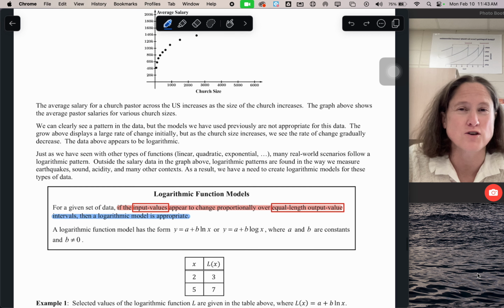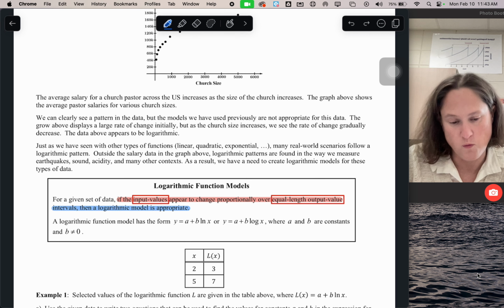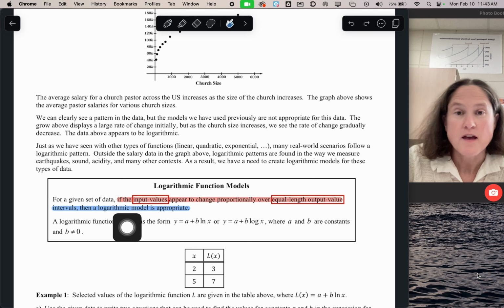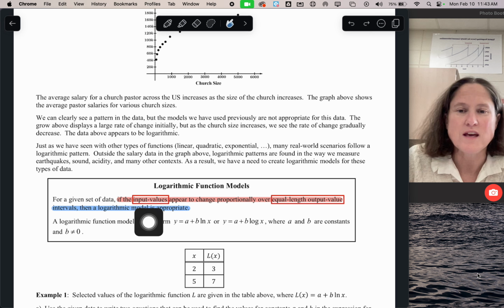Just to refresh our memories, in order to see this in a table view, we need the input values to be changing proportionately over equal length output intervals. That's going to be a log model.